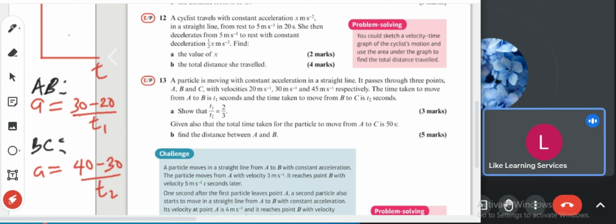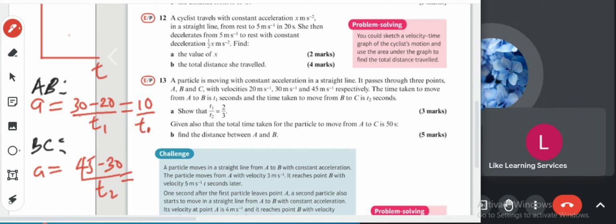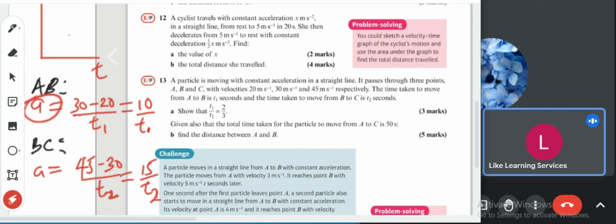No, sorry, this is 45. 45 minus 30 is what I should have written. Alright, so this gives 10 over T1, and this one gives 15 over T2. Since both of them are the same acceleration, 10 over T1 is equal to 15 over T2.